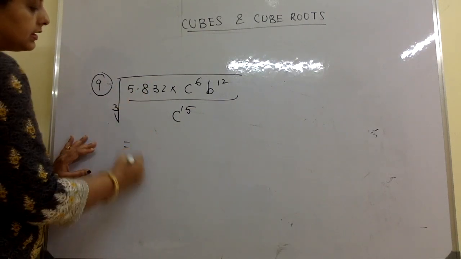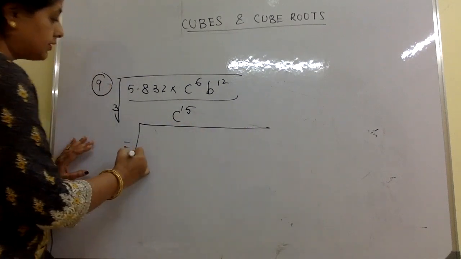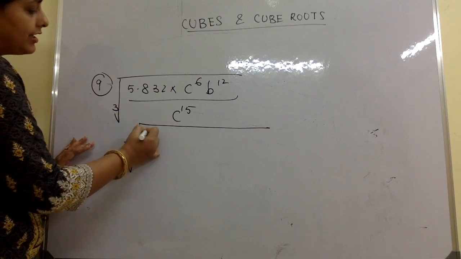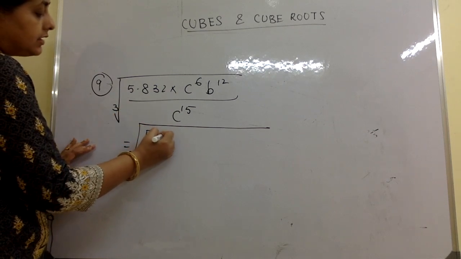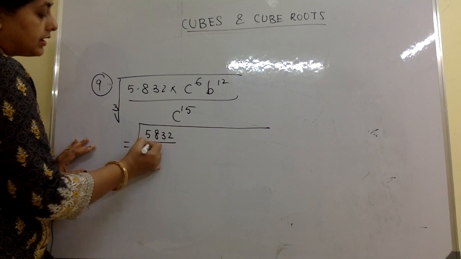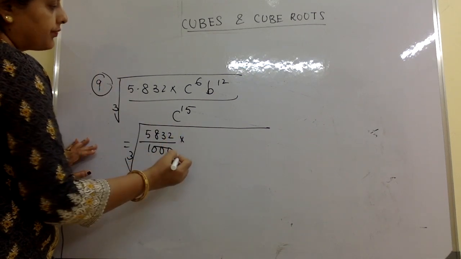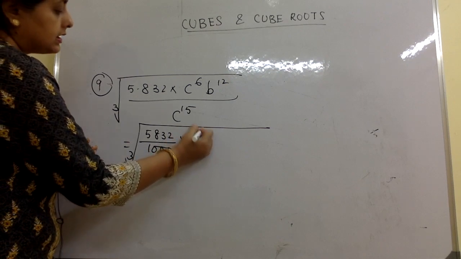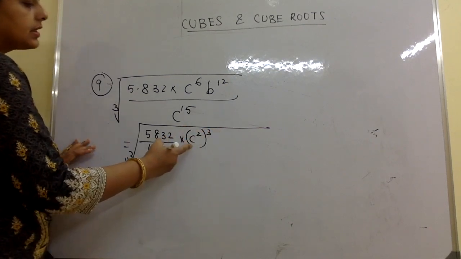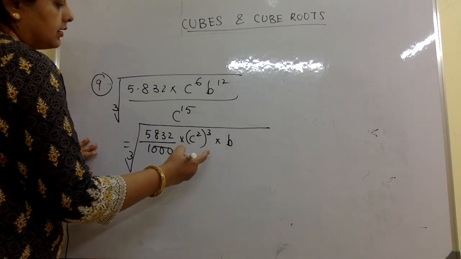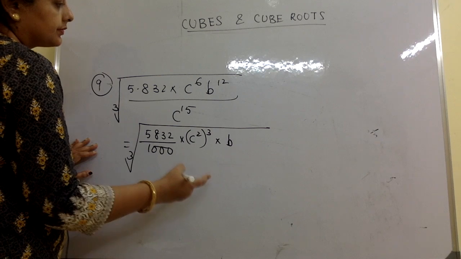Here it is, let me keep this cube root sign here, and then I will write 5832 into c squared into 3 and b to the power 4.